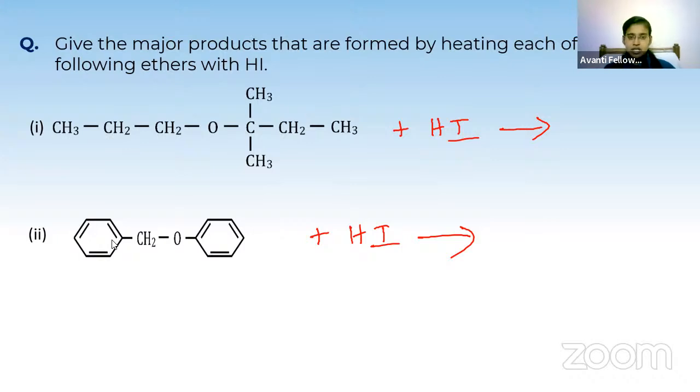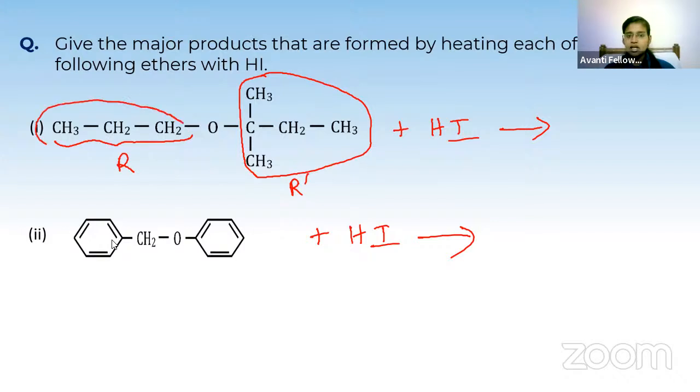This is an ether where this is one alkyl group for the first one, and this is the another alkyl group, R and R dash. We have two carbon oxygen bonds, RO and R dash O bond, and it is reacting with HI.